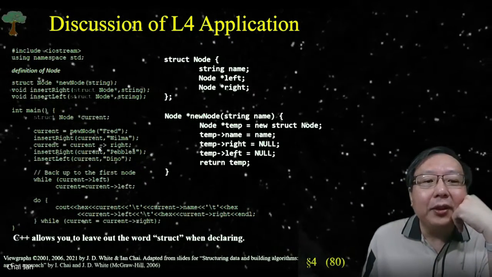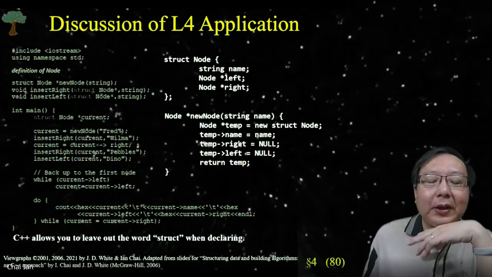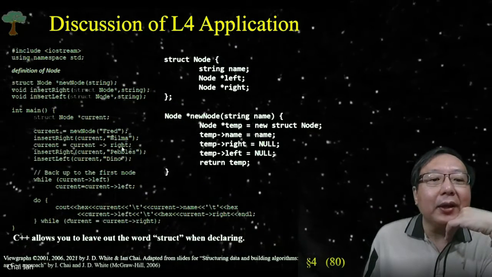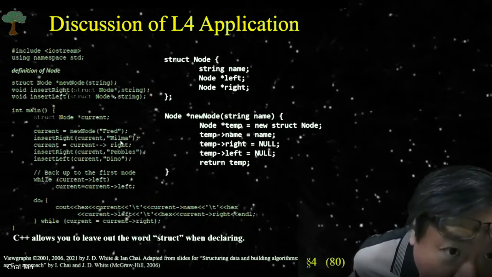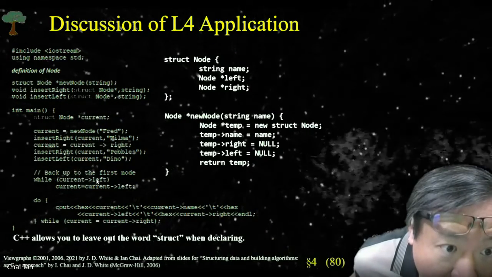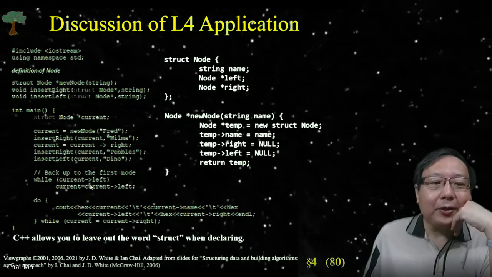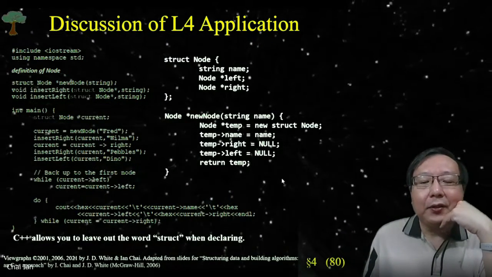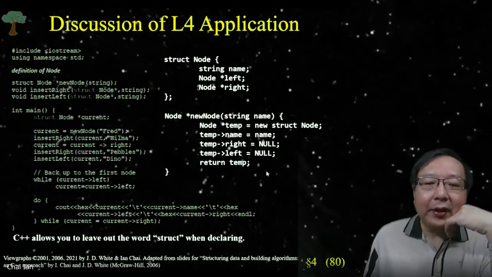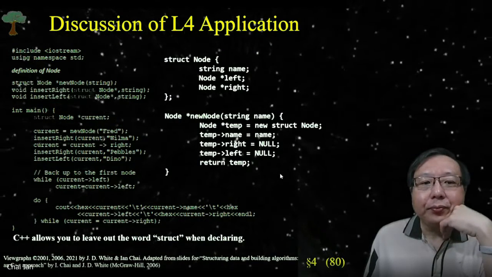Current arrow right, and current arrow left. So you have to use right and left here because the main uses right and left. But if you're writing things from scratch, you could call it next and previous. It's up to you when you're writing your program from scratch.